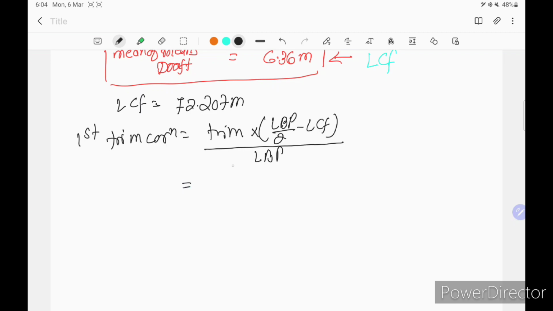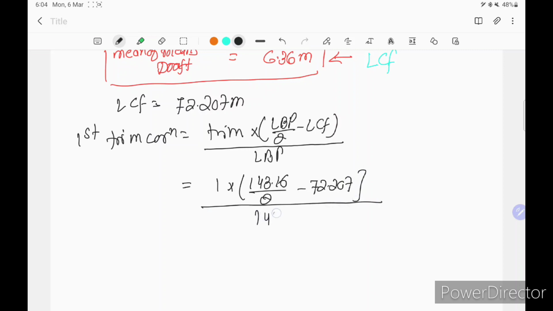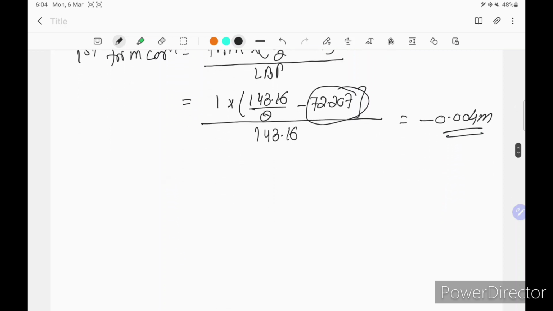Put the values in the formula: 1 meter trim, 143.16 divided by 2 minus 72.207, and LBP is 143.16. 72.207 is more, so we get the value 0.004 meter. This is the first trim correction.